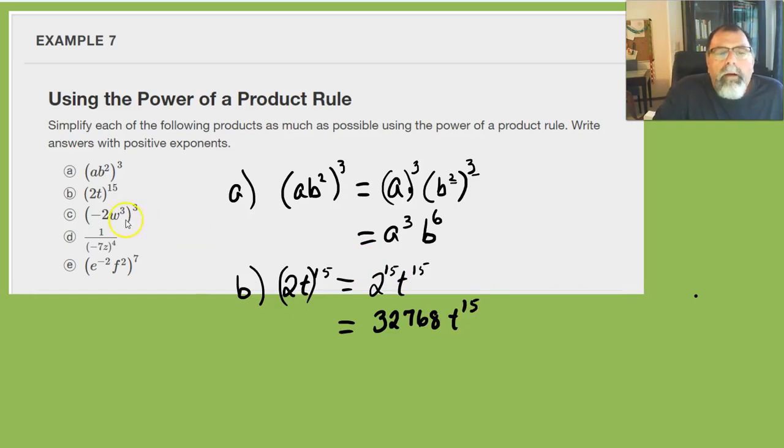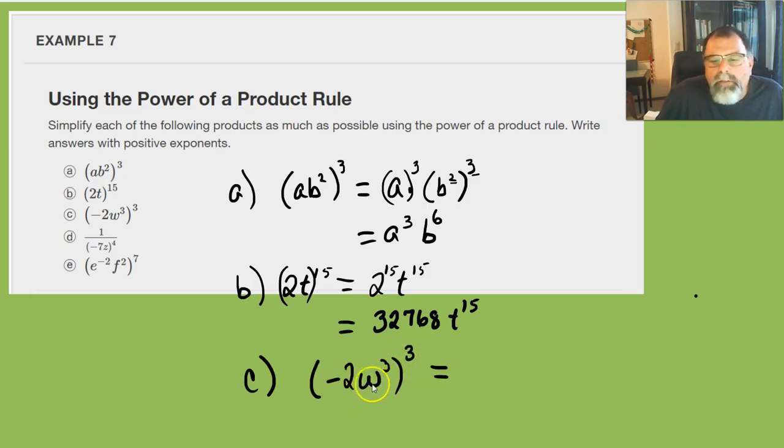All right, C. So we've got (-2w³)³. That product raised to the power 3. So it's the product of negative 2 times w³, that product raised to the power 3.